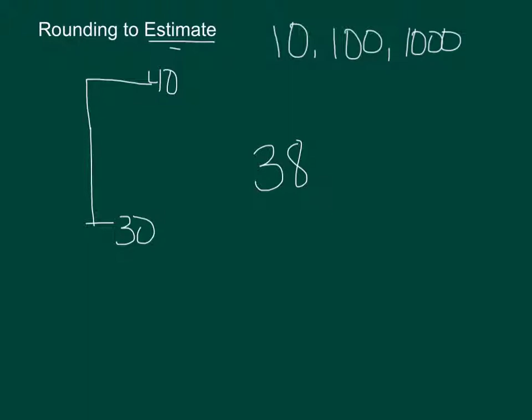But what is right in the middle of 30 and 40? That would be 35. So where does 38 fall in relation to that? Let's count and see. We have 30, 31, 32, 33, 34, and of course 35, 36, 37, 38, 39, and 40.